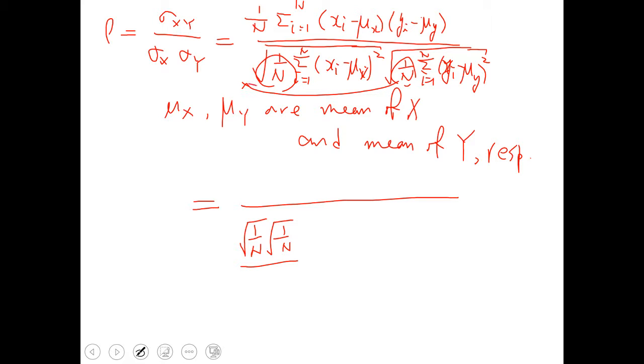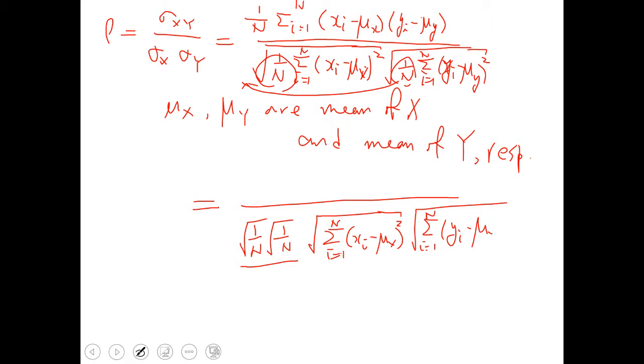Then we have the summation i is 1 to n of (xi minus mu x) squared, and the square root of the summation i is 1 to n of (yi minus mu y) squared, and 1 over n summation i is 1 to n of (xi minus mu x)(yi minus mu y).